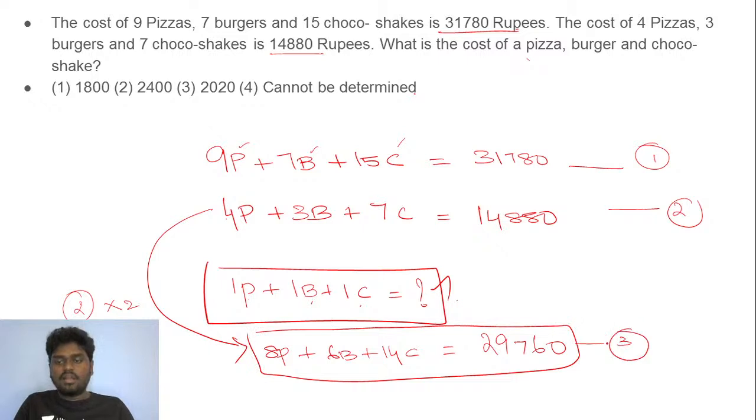So if I try to do 1 minus 3, this goes: 9p minus 8p becomes 1p, plus 7p minus 6p becomes 1p, plus 15c minus 14c becomes c, which is equal to, if you subtract it, 2,020.